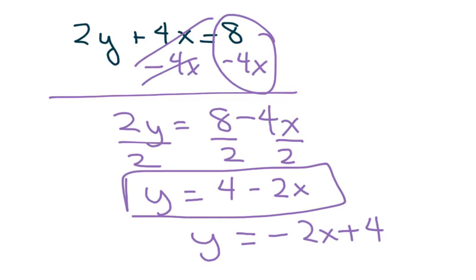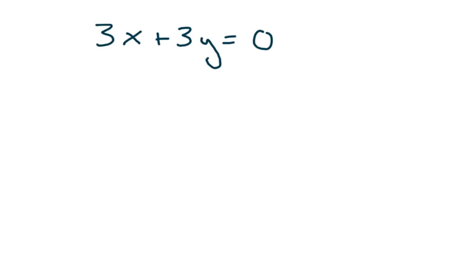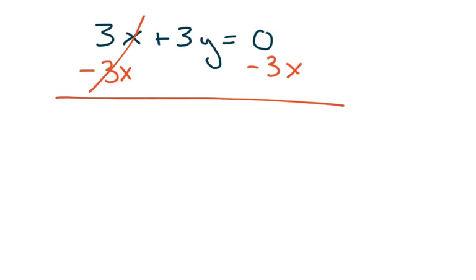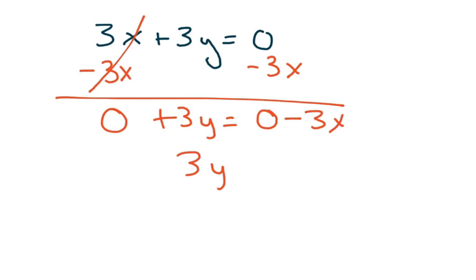And the next one is the last one. I'm solving for y, so I'm going to subtract 3x from both sides. So this will cancel, because that will be 0, plus 3y, and I'm going to go ahead and write this out: 0 minus 3x. So you get 3y equals negative 3x.